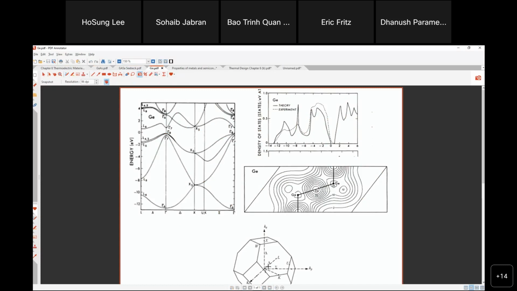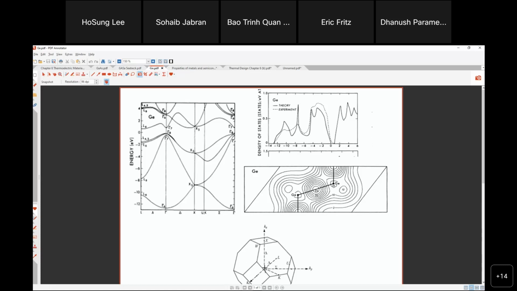So we understand one Brillouin zone represents the whole specimen. At the boundary is the boundary of a unit cell.